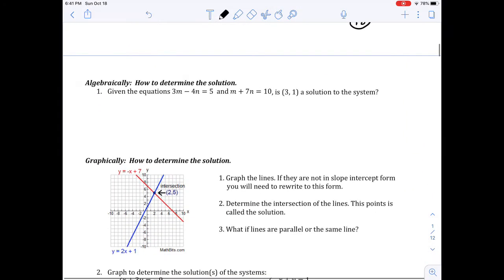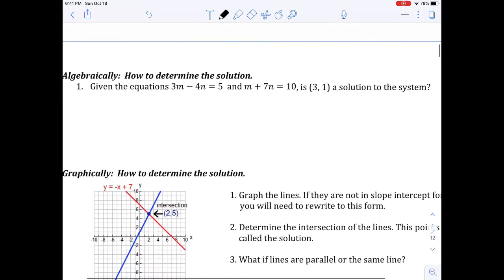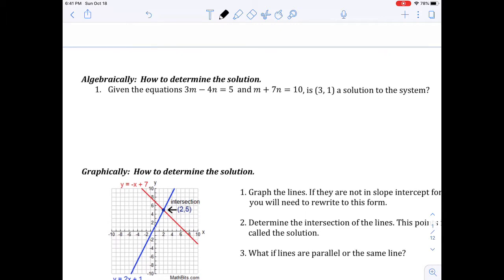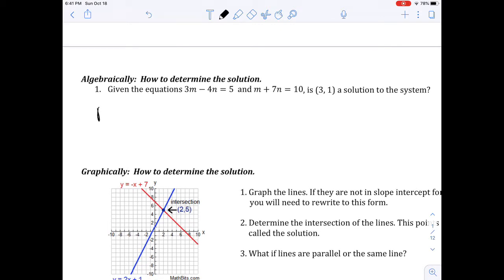All right. How do we know if we have a solution to a system of equations? So given number 1, how do we know that (3, 1) is a solution to the system? Well, we plug (3, 1) into both equations.